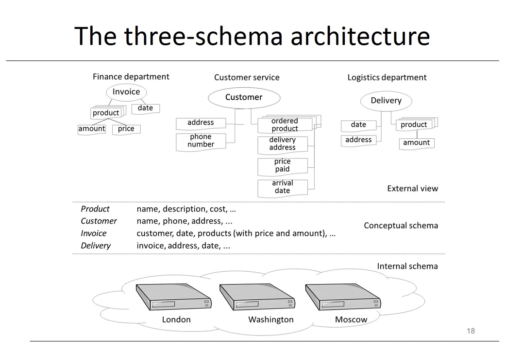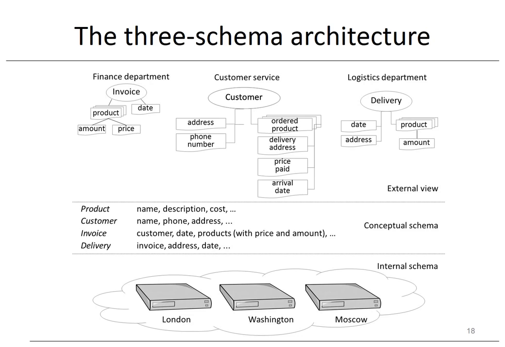Here you can see the 3-layer architecture illustrated for a procurement business process. The middle or conceptual layer defines the data concepts such as product, customer, invoice, and delivery. The internal or physical scheme contains the physical storage details.